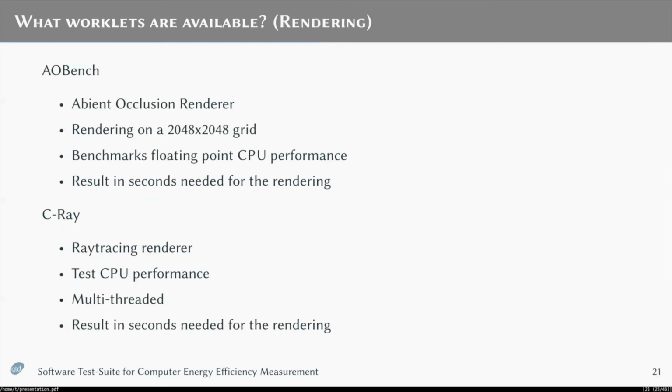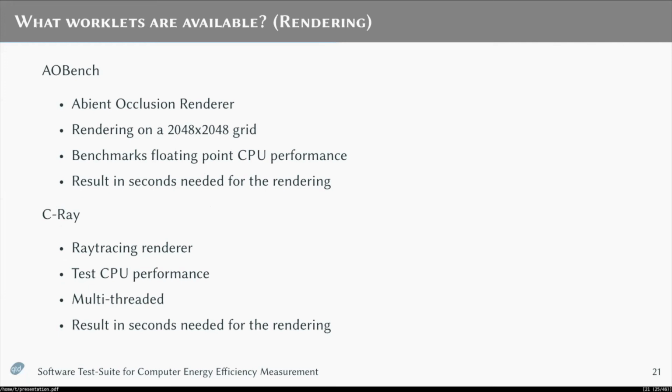We have then quite a few rendering benchmarks. There is AO bench, where AO stands for ambient occlusion. So basically it tests floating point performance. And there is C-Ray, which is a ray tracing renderer, also for CPU performance.